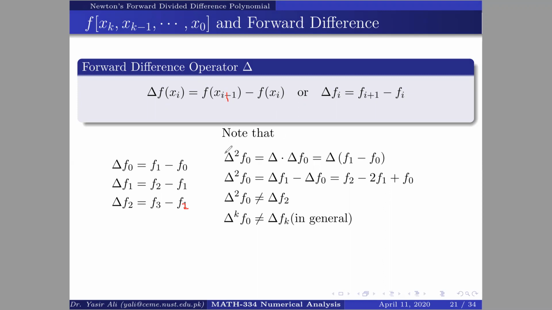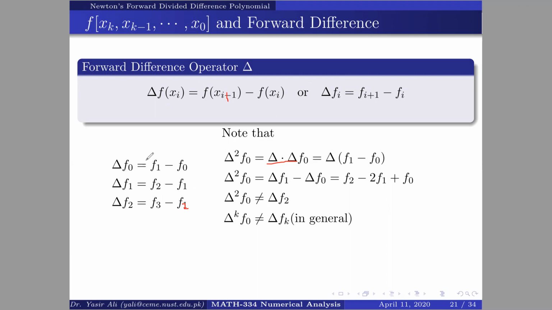So how can I calculate the second difference? I can calculate the second difference by operating this operator twice. So if I operate it first, it is f1 minus f naught, and if I operate it again, it will be delta f2 minus delta f1.